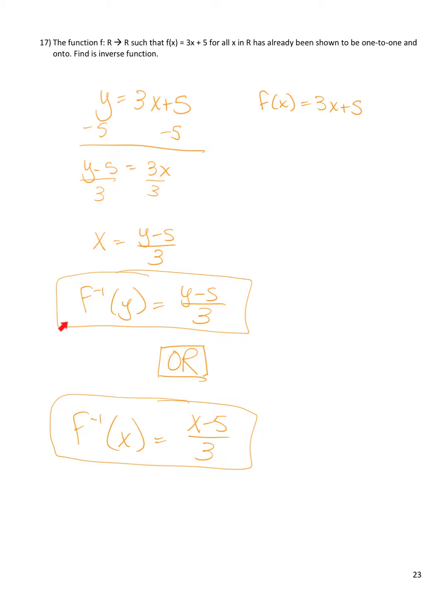So this one has its advantage, reiterating that this is an inverse, that it's using y as the input because y was the output from the function f. This one has an advantage in that you can graph f and f inverse on the same xy plane, because x is your input and y is your output. So you can graph f and f inverse together if you were interested in seeing them on the same plane.